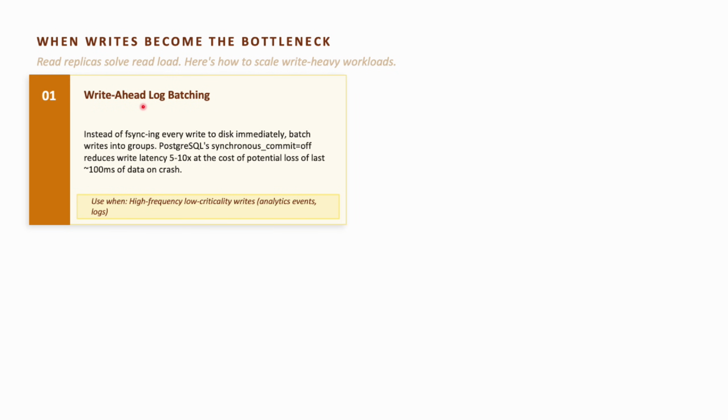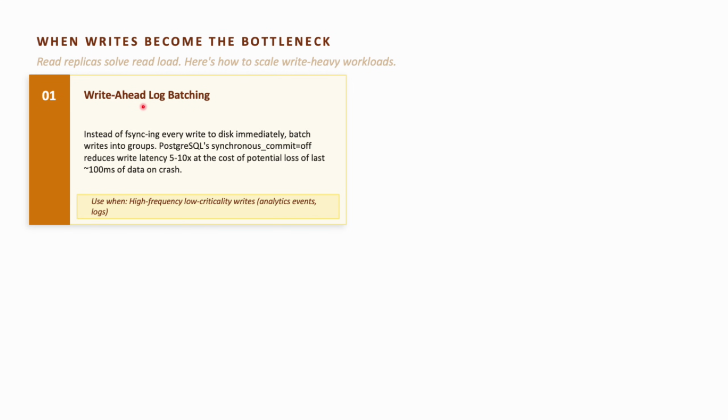By default, PostgreSQL flushes every transaction to disk synchronously, which is safe but slow. You can trade some durability for speed by enabling asynchronous commits, which batches writes and flushes in groups. You might lose up to 100 milliseconds of data in a crash, but you can get 5 to 10 times write throughput.